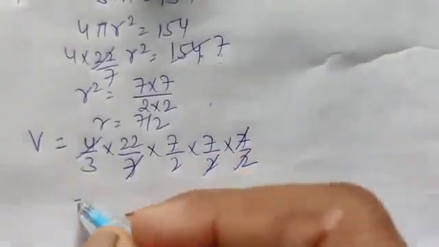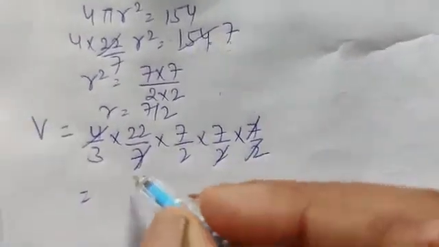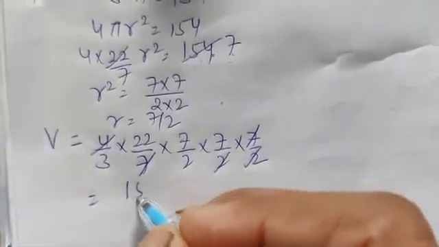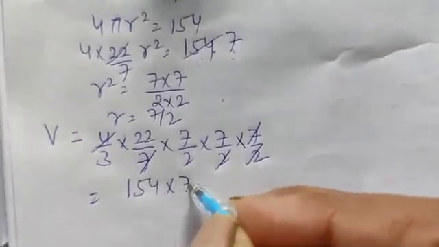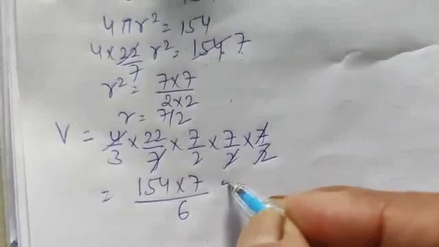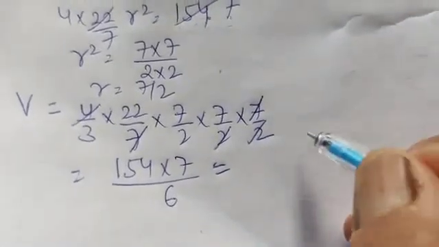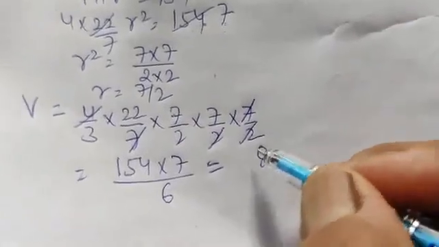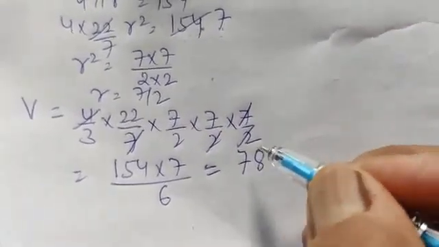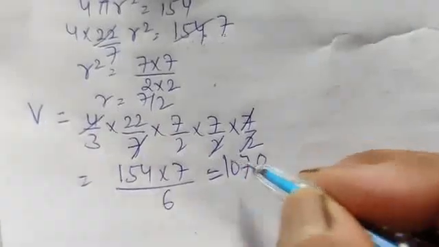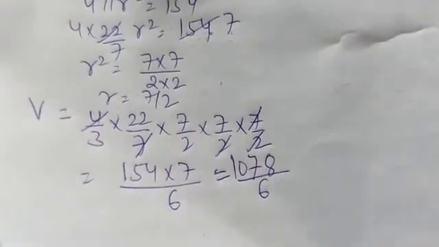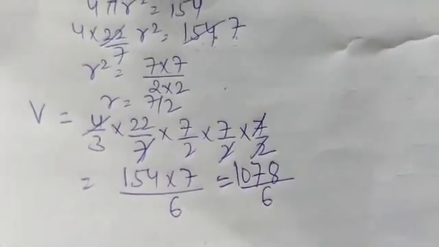Now 22 into 7 is 154, into 7 by 6. Now multiply, 7 4s are 28. That gives 1078 by 6. Now dividing by this.